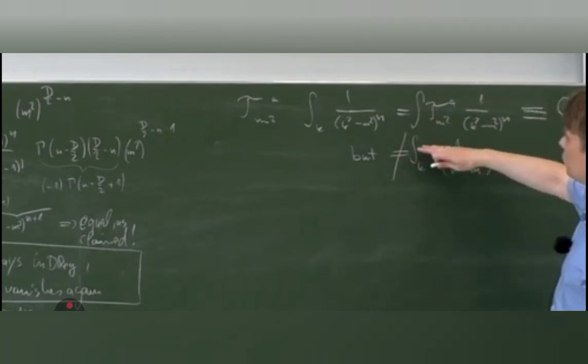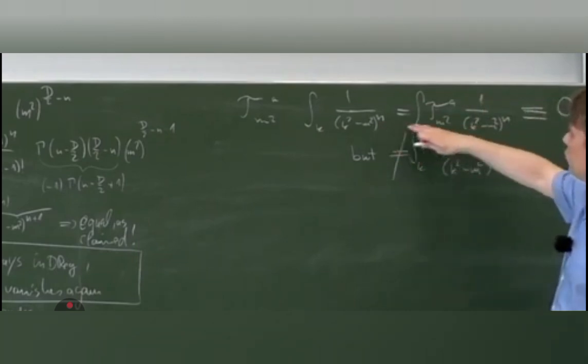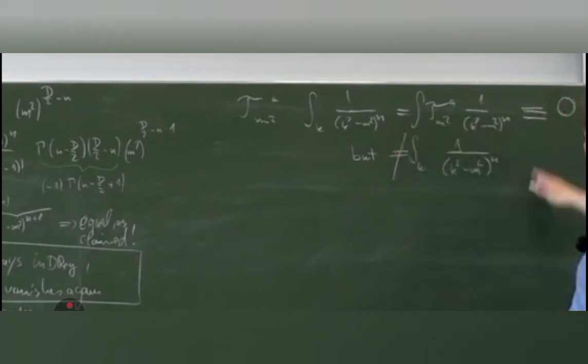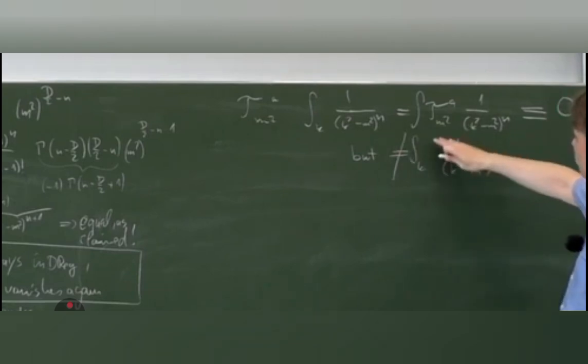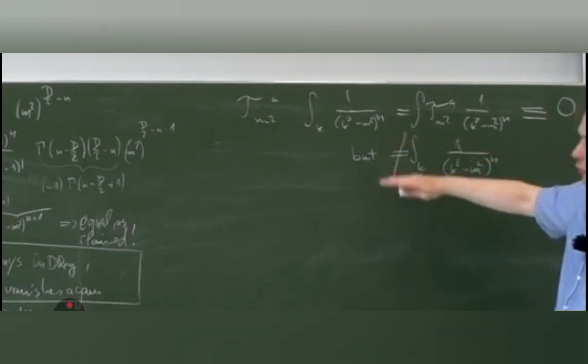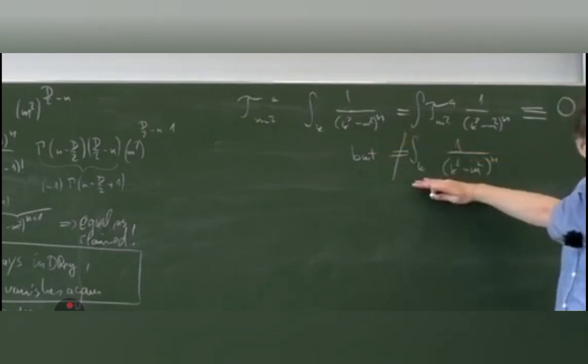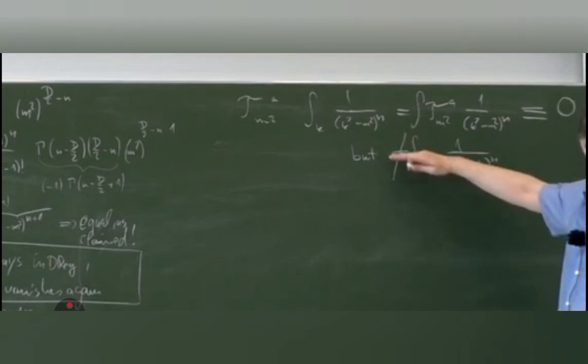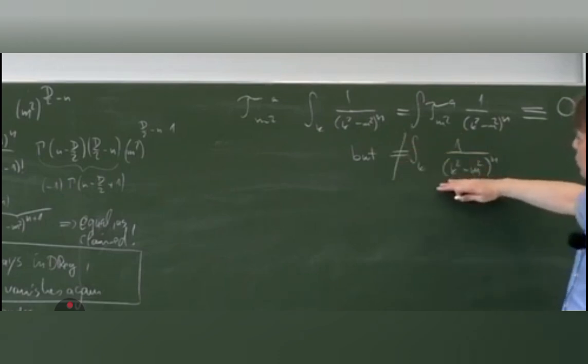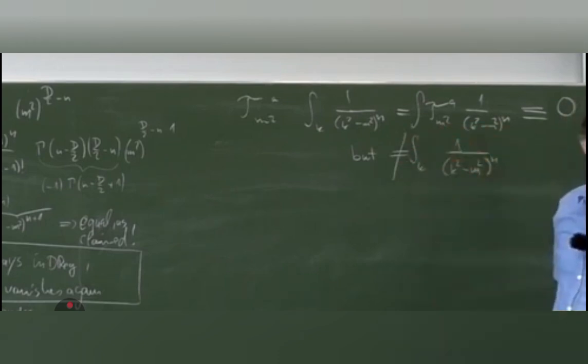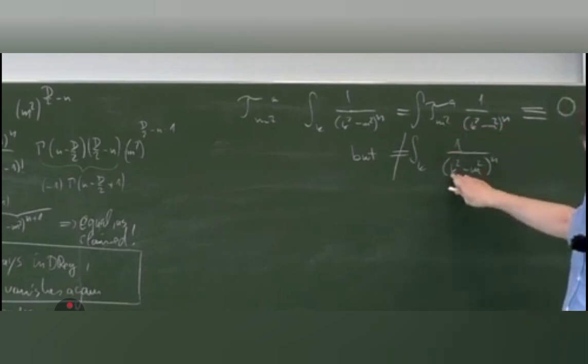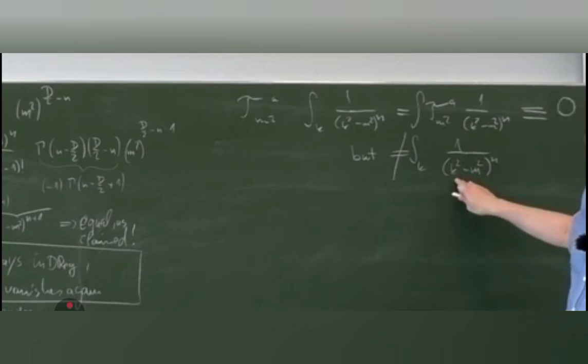So what I want to say here is that we can do a Taylor expansion before or after the integration, and the result vanishes. But if you compare the Taylor expansion with the actual integral that you have Taylor expanded, then the integral is different from the Taylor expansion. That means the integral cannot be Taylor expanded. The Taylor expansion does not converge against the actual function.